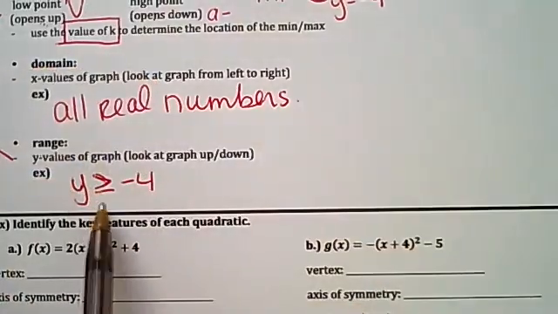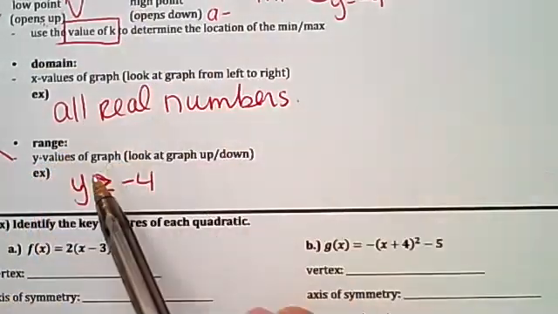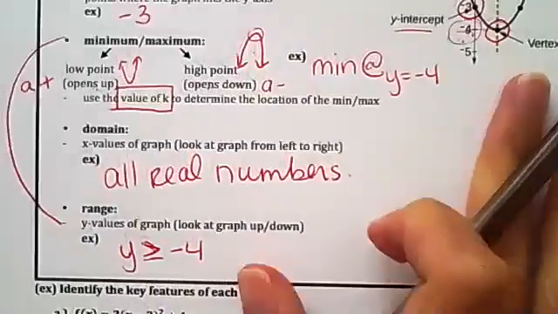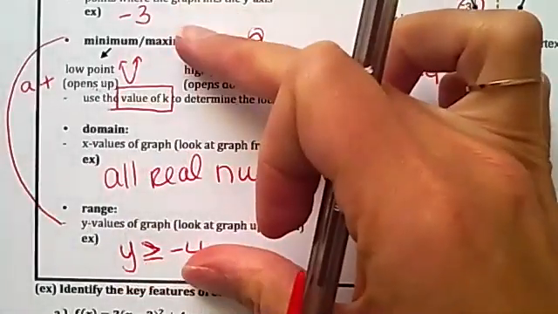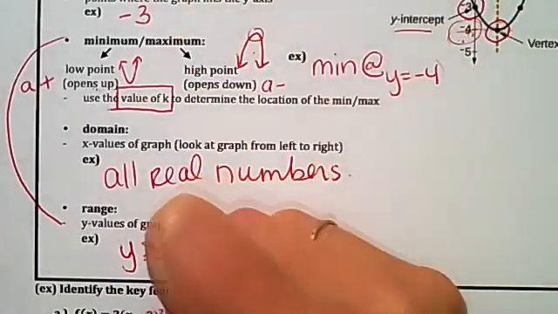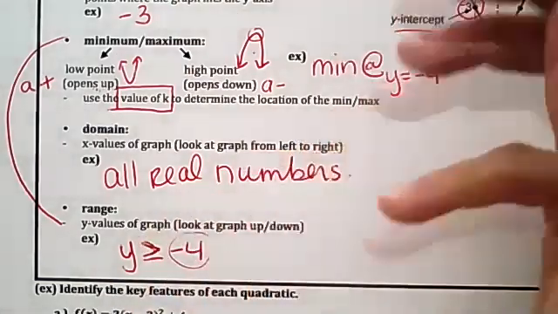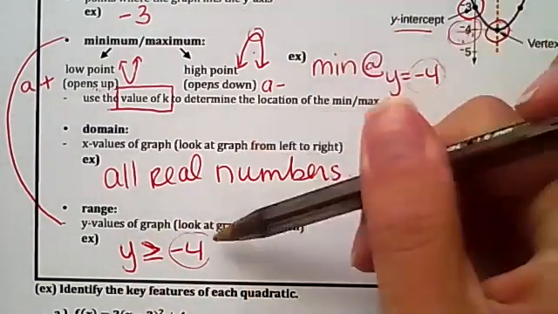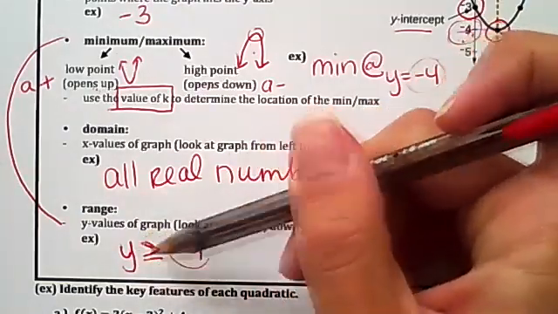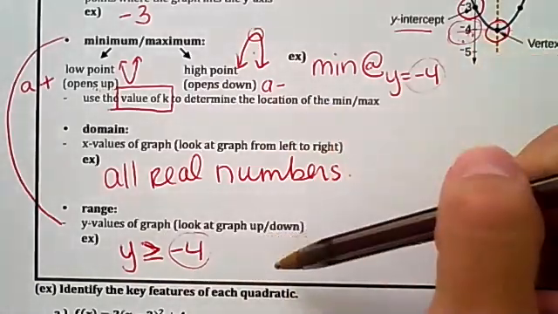Anytime you have a minimum, it's going to be greater than or equal to. If you had a maximum, it would be less than or equal to. That's why I said the minimum, maximum, and the range go together, because we use the same number when we're describing each one, and you can use whether it has a minimum or maximum to determine this symbol. If you're not comfortable with the greater than or less than symbol, you can just use words. You could say Y is greater than or equal to -4 rather.